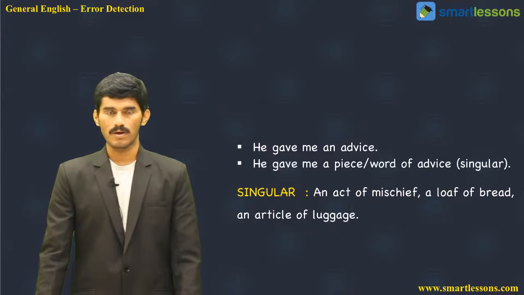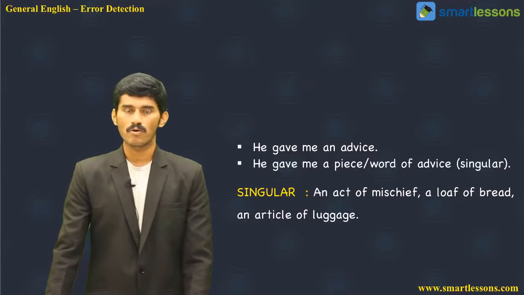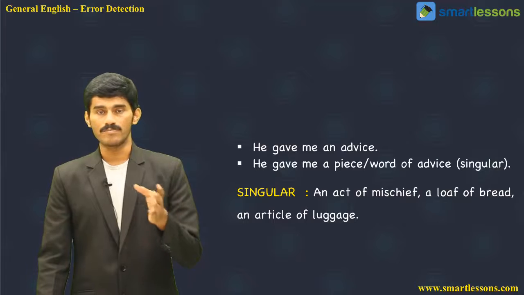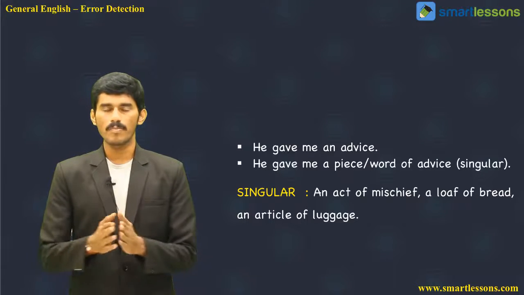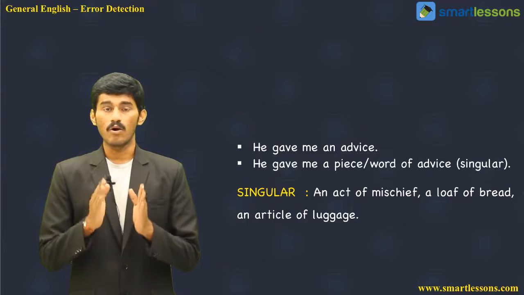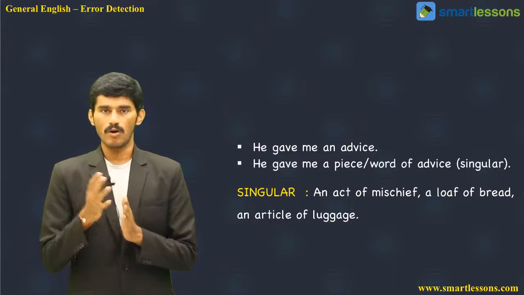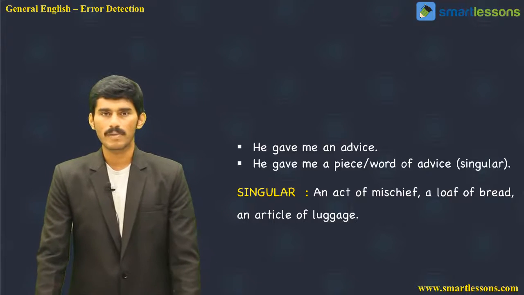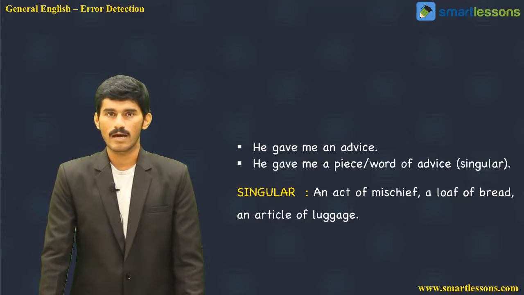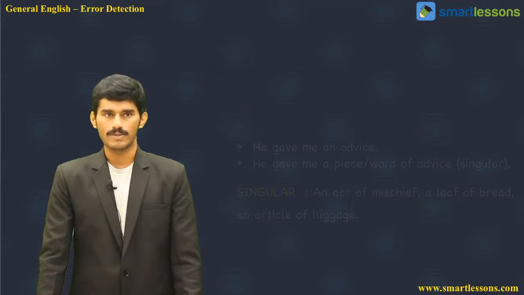Mischief is an uncountable noun. If you want to make it countable, you can say an act of mischief. And bread is an uncountable noun. If you want to make it singular, a loaf of bread. Loaf means piece. And luggage is an uncountable noun. If you want to make it singular, you can say an article, meaning a piece or an item of luggage.